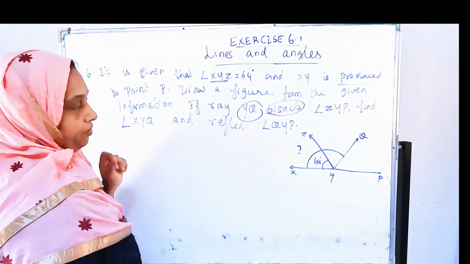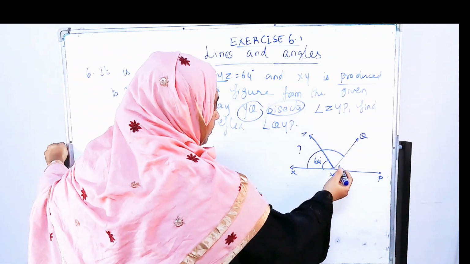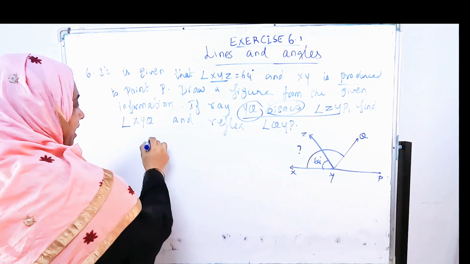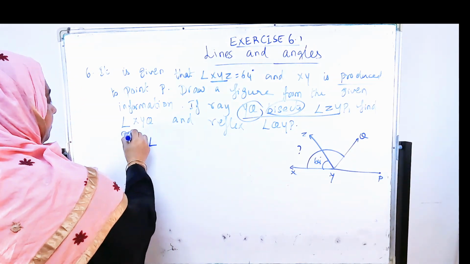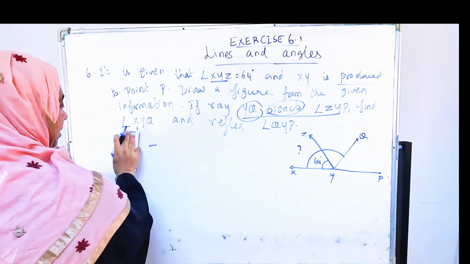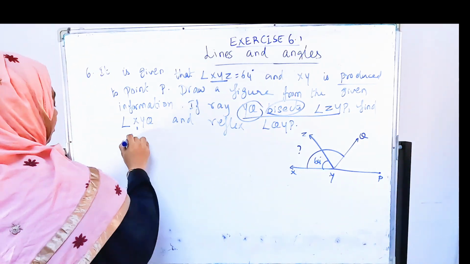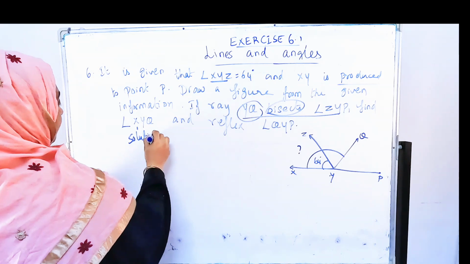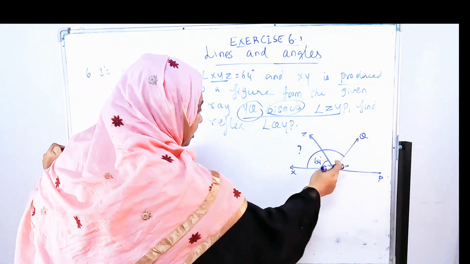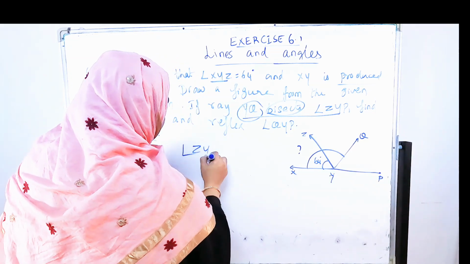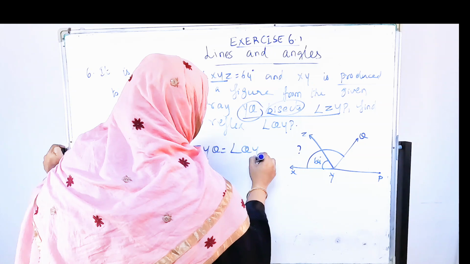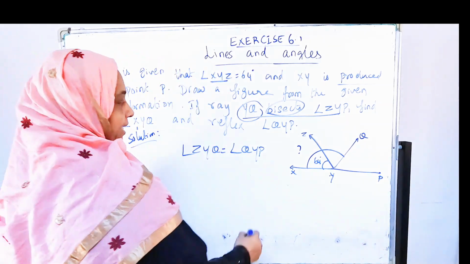First we will find XYQ. How will you find XYQ? This bisect information is there, no? That we will write. Solution: angle ZYQ is equal to angle QYP.